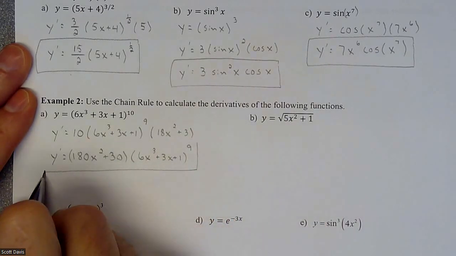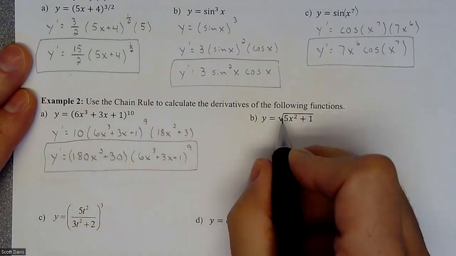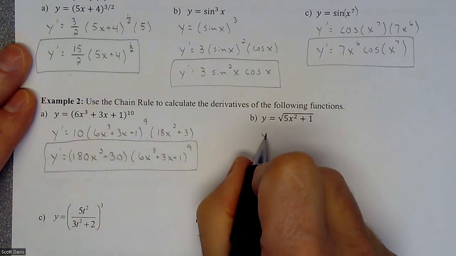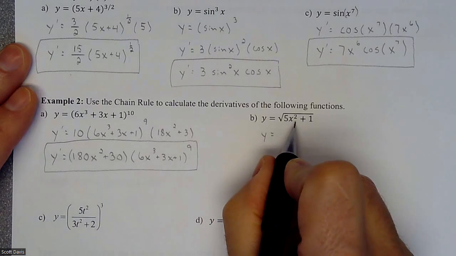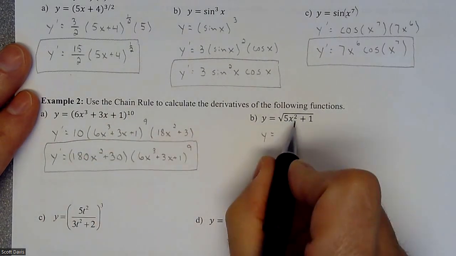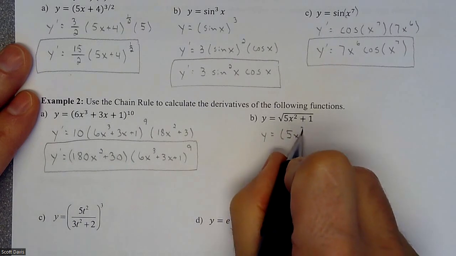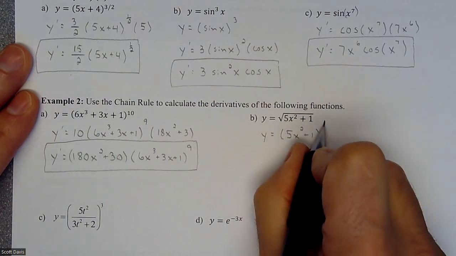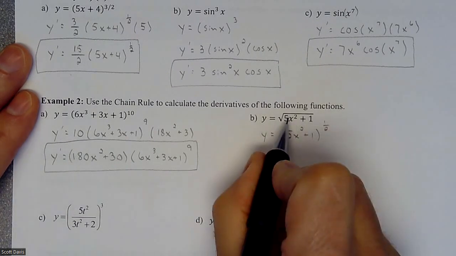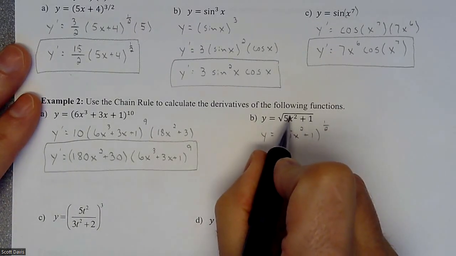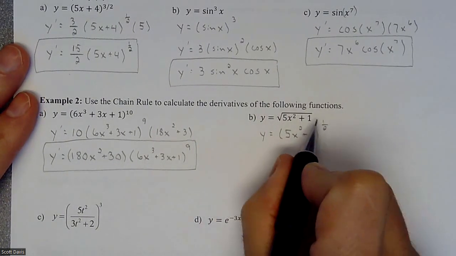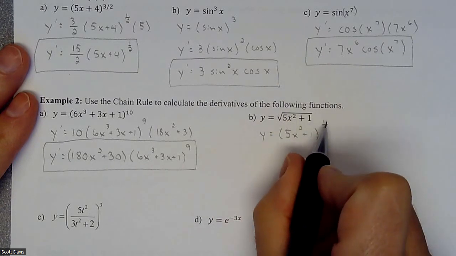And then if I do this one, first thing I want to do is, it is a chain rule because this can be rewritten as x squared plus 1 to the 1/2. Any kind of a radical that you have, you're going to want to rewrite it as a fractional exponent. So if it's a cube root, we write it as a 1/3.